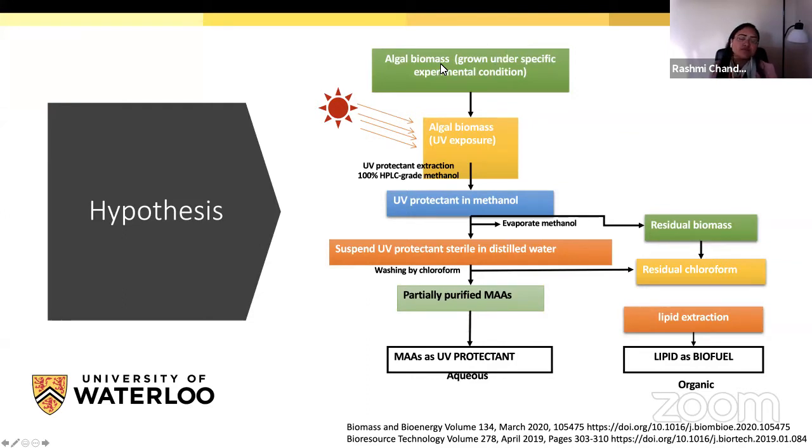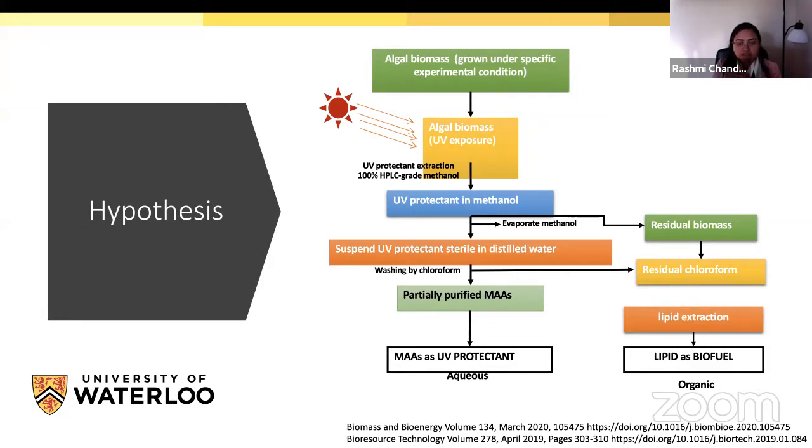Here we took the Lingulodinium, and then we exposed it to UV light, which is basically UVA and UVB. And then we extracted with 100% methanol. After the methanol, we evaporate the methanol, take the residue, and dissolve it in water. Once you dissolve it in the water, all the MAAs will be dissolved in the water, and all the lipid components will be on the upside.